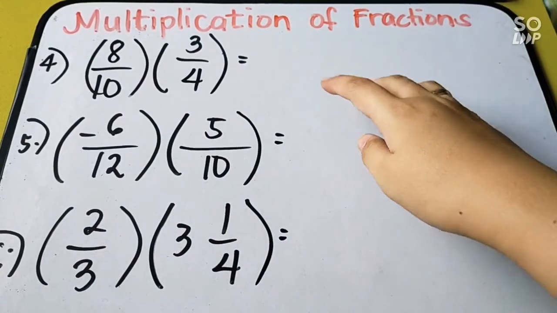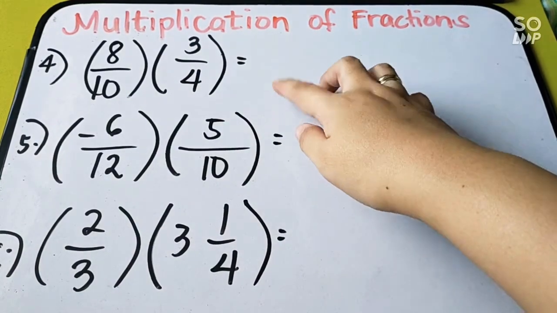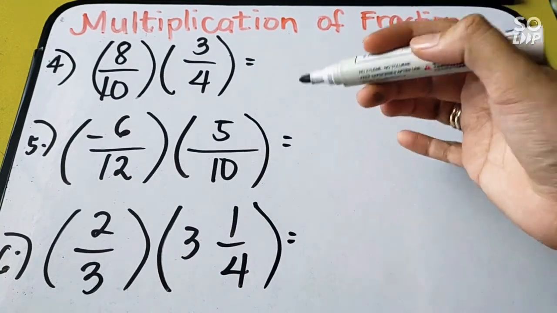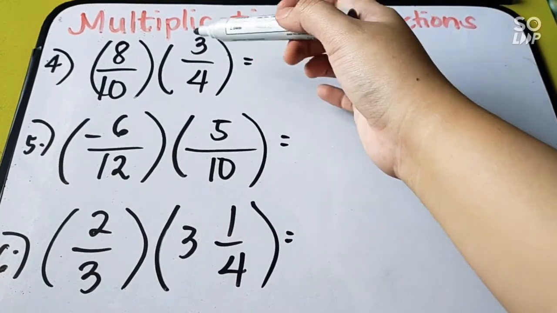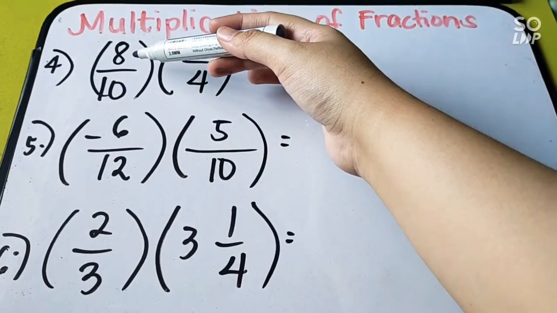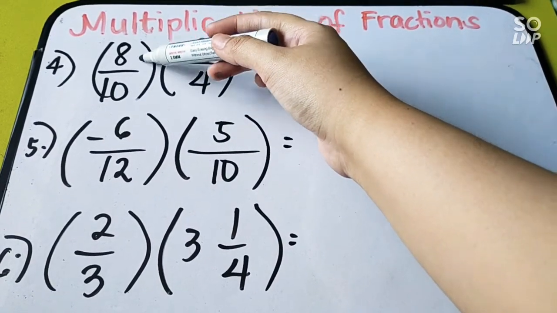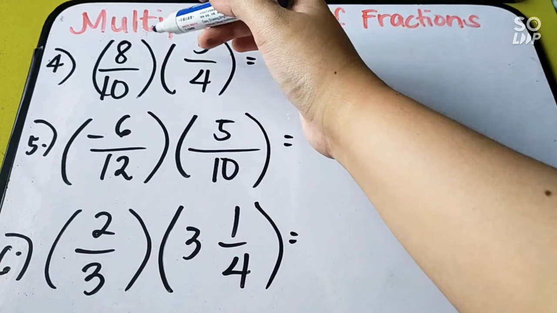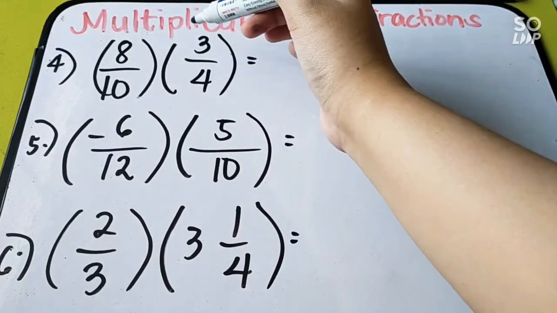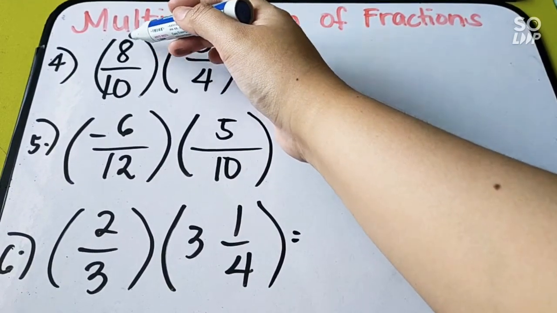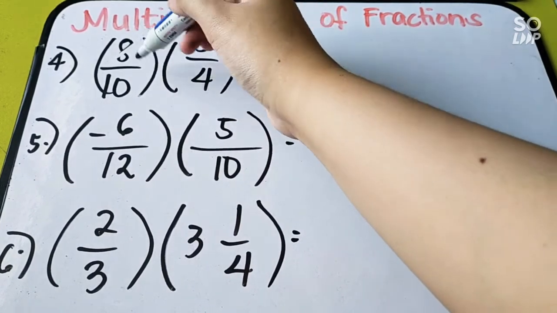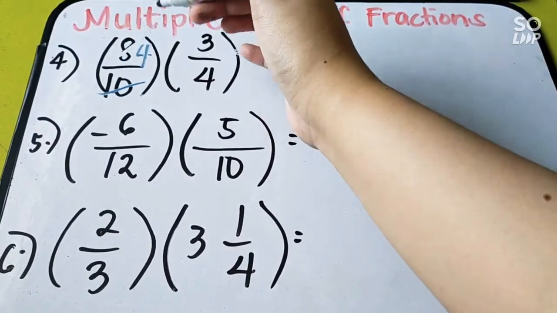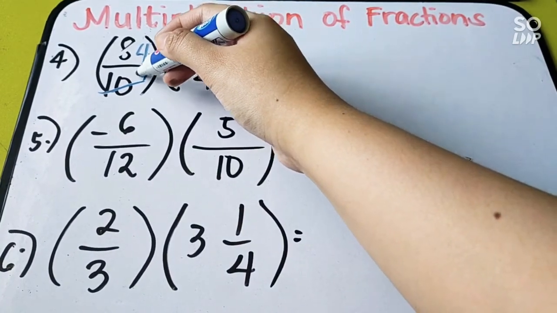Number 4. We have 8 over 10 times 3 over 4. So, let us have cancellations kung pwede. So, we have 8 and 10. 8 and 10 are divisible by 2. Is it? Yes. So, since it is divisible by 2, we can cancel this one. 8 divided by 2 becomes 4, then 10 divided by 2, the answer is 5.